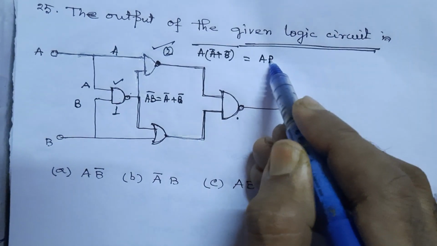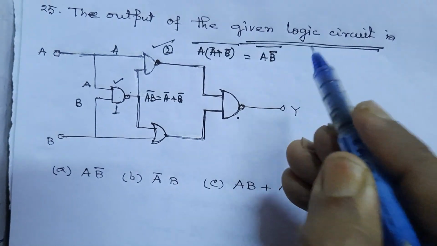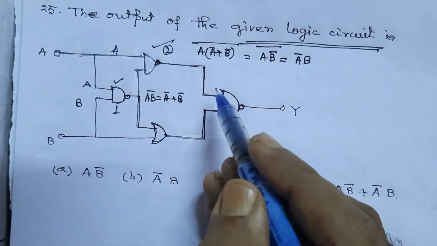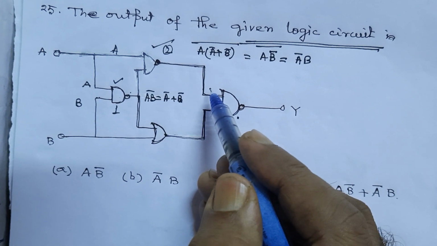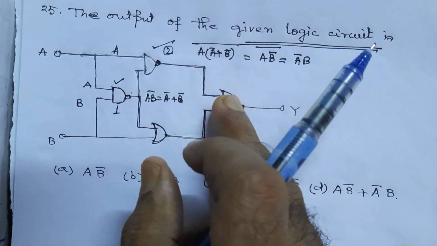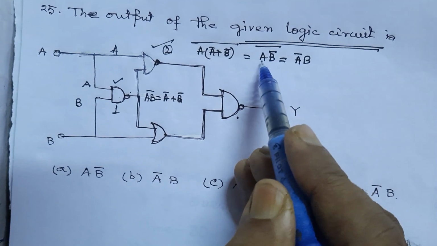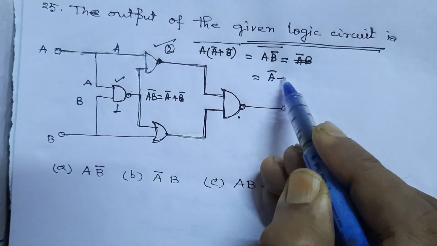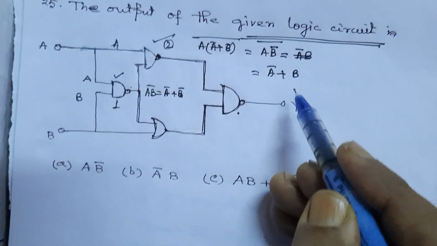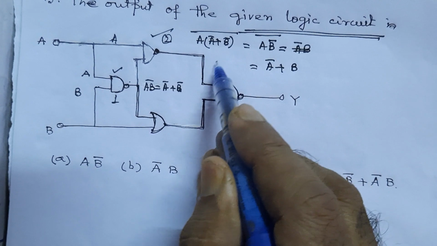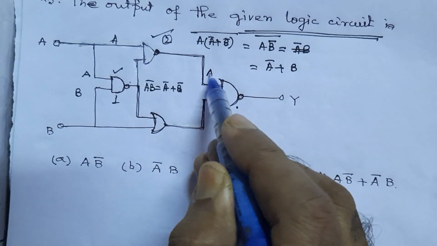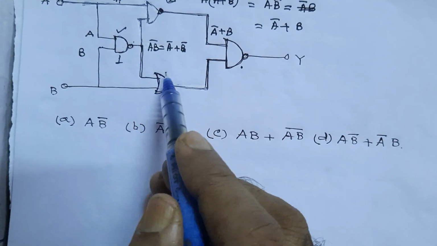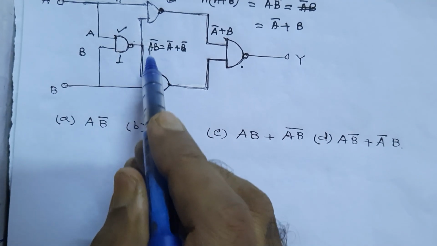So we get (A into B inverse) whole inverse, which is A inverse plus B. So from here we get A inverse plus B. From the OR gate, we find that there are two portions.